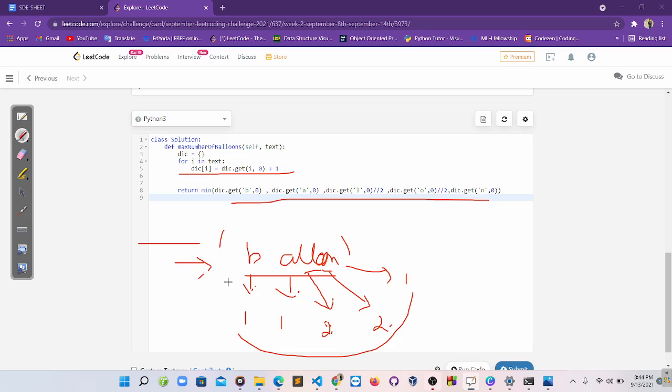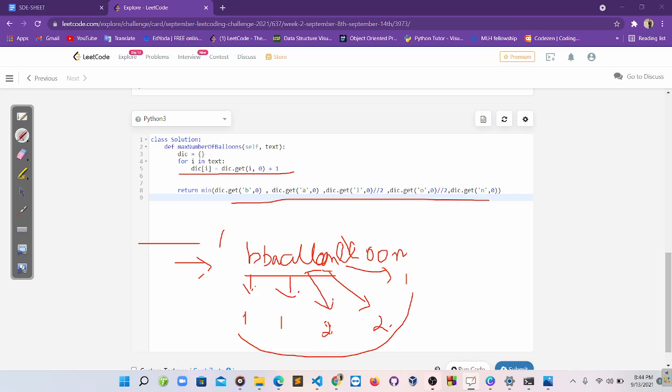Let's suppose there are two instances. What do we mean by two instances? Two instances means there are 2 B's, 2 A's, 2 times more L, 2 times more O, and 2 N's.